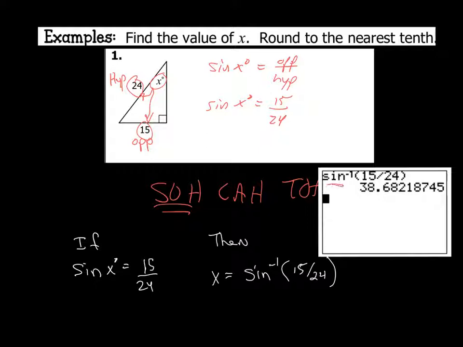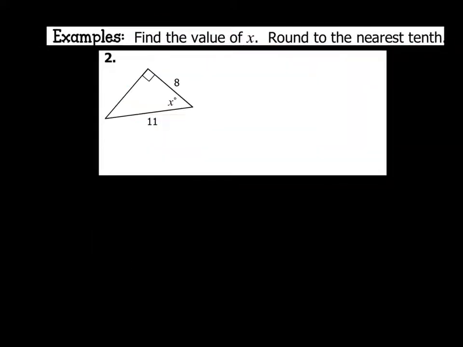I said second sine to get that inverse sine, 15 divided by 24, enter, and I get 38.68. So x is equal to 38.7 degrees. And that's it, right? It says find the value of x, round to the nearest tenth, and I believe that we've done that. So number 1 is done. Number 2 is going to go very much the same way. I look at the angle and I identify the two sides.